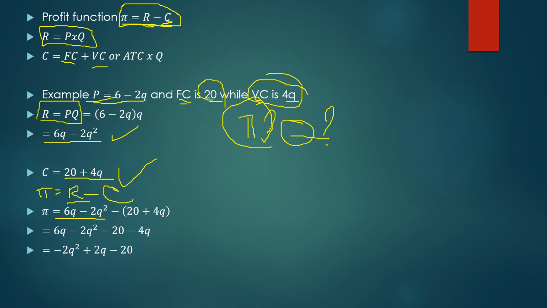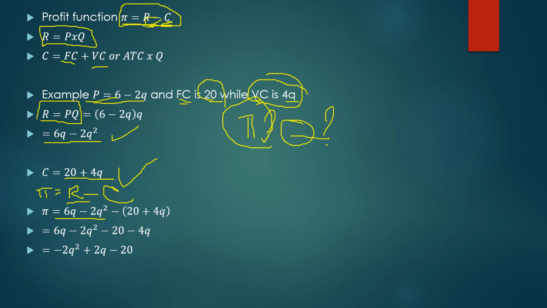Close open parenthesis ninyo para hindi nyo makalimutan, kasi if you're just going to directly put the 20 plus 4q there without the parenthesis, then you will have the wrong answer because remember, minus here. Separated siya. Here, minus. Separated yung cost. So we have to do that so that you can multiply the negative to the function there. Okay? Ganyan po siya. Do not forget to put a parenthesis on it para hindi kayo malito.